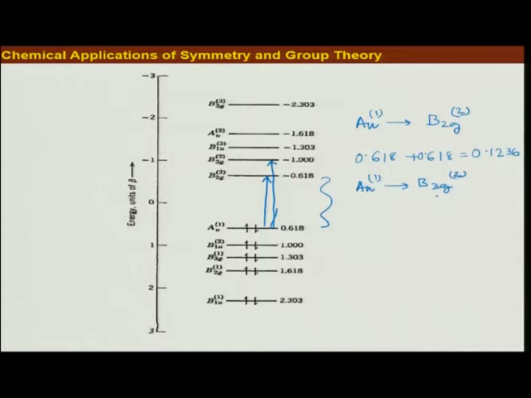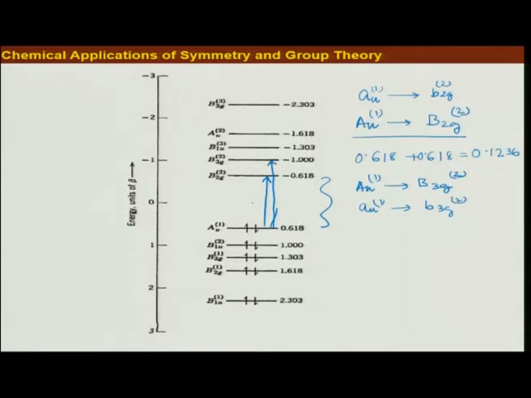Mostly what we actually do, instead of writing them as capital letters, it is preferred to write them in terms of small letters. So if I want to write this one in a proper way, I should write au to b2g. And we will use the capital letters for the overall state. So following that terminology, I should write here also au1 to b3g2.